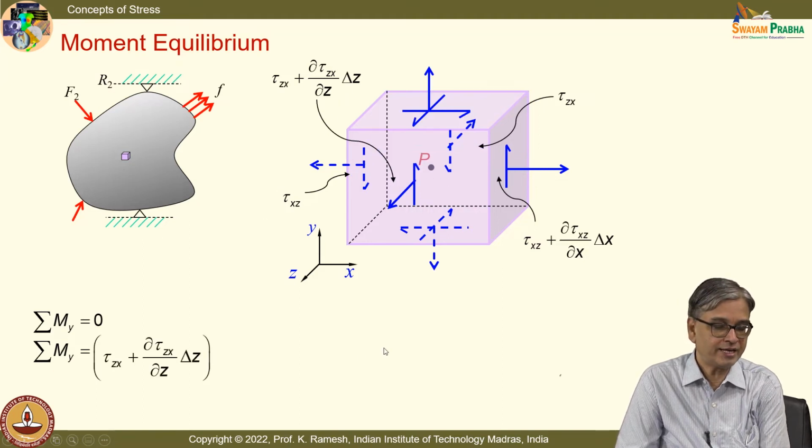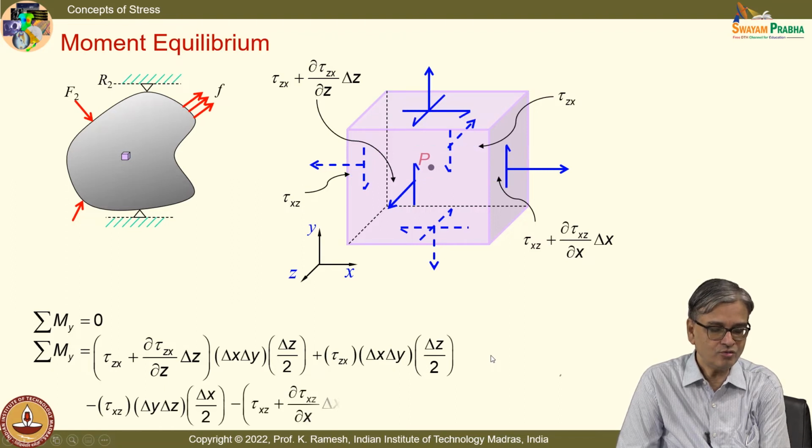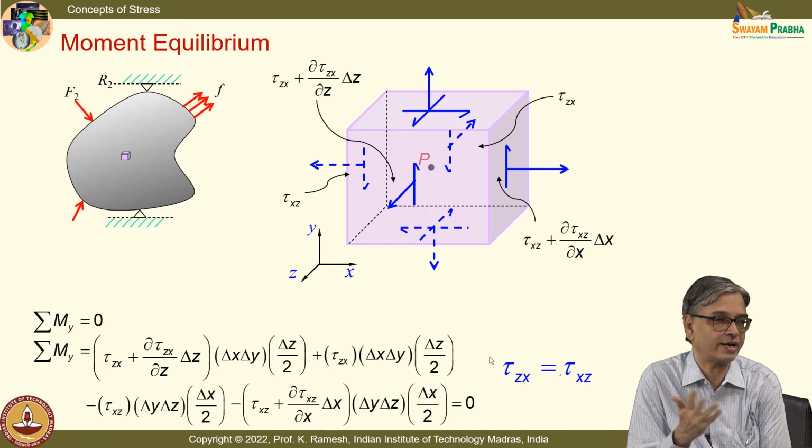And we can quickly go through this summation. When I do this, we get the result tau xz equal to tau zx, or tau zx equal to tau xz, whichever way you write it.